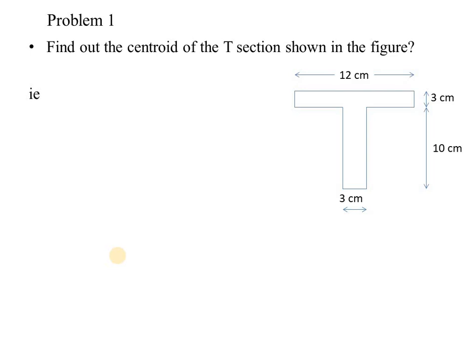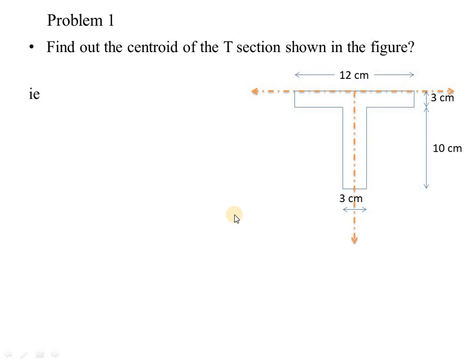Yesterday, we have studied the centroidal distances of a circular section, triangular section, rectangular section, etc. So, in order to find out the centroid of this T-section, we can convert it into two different parts.